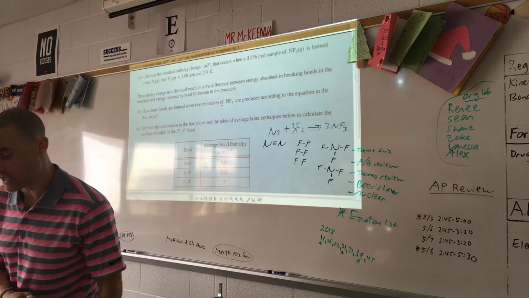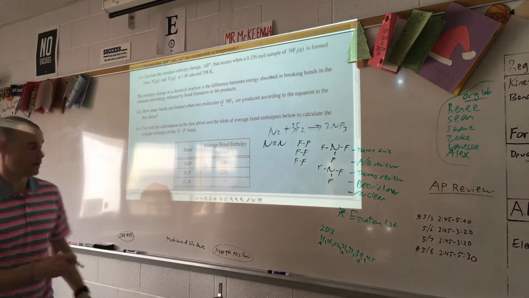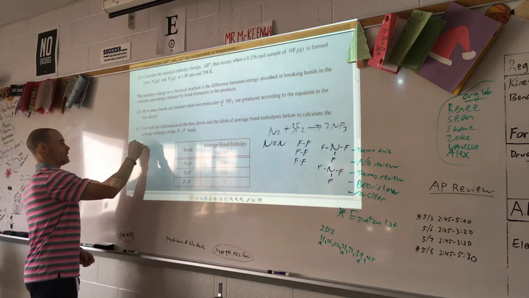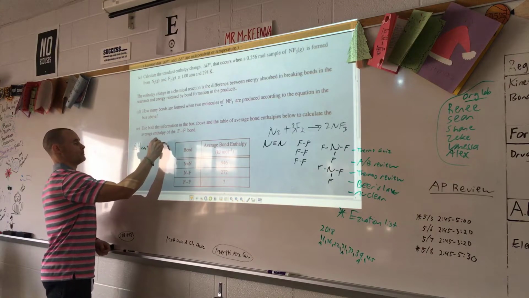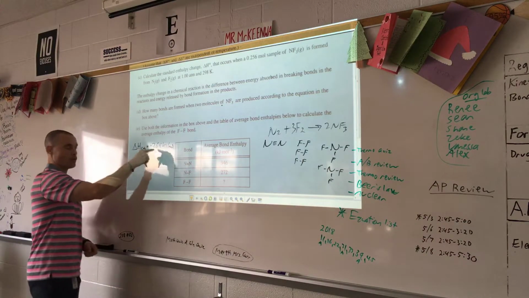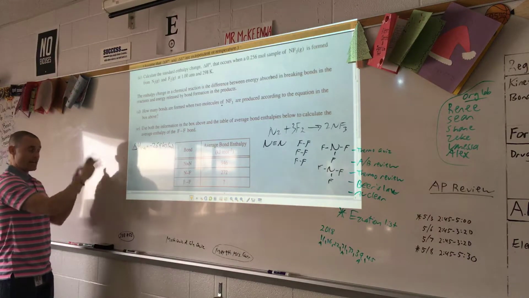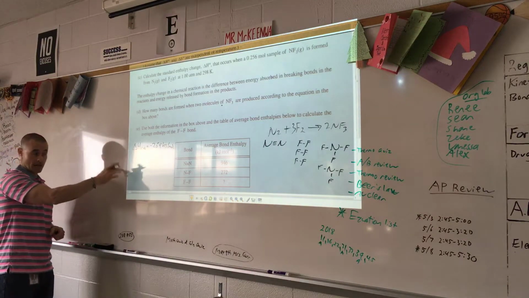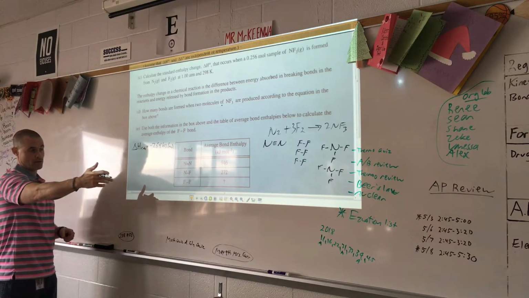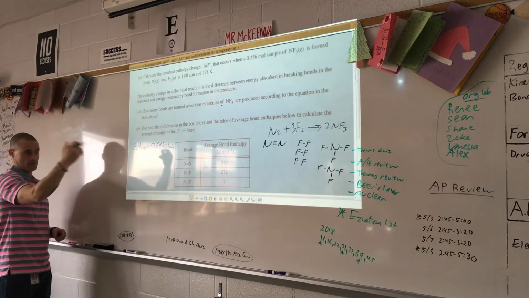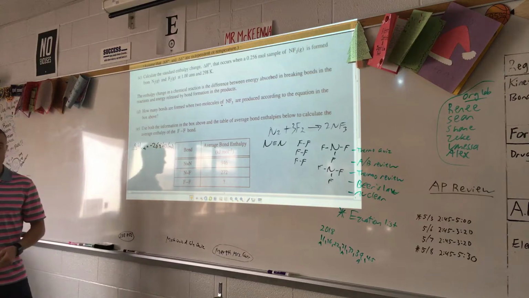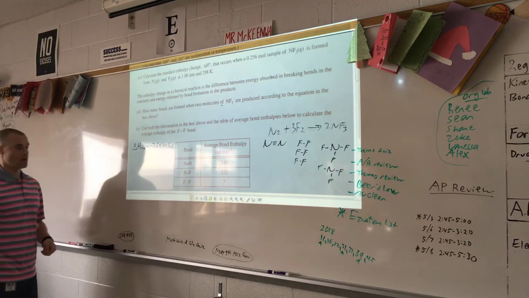The delta H they gave us is negative 264. So the delta H is negative 264 kilojoules. That's the overall. That was at the top of the page, they gave it to you. So this is going to be equal to bonds broken minus bonds formed. Go ahead, it's worth spending some time, see if you can come up with it here.